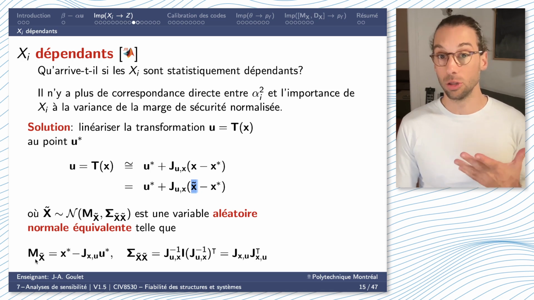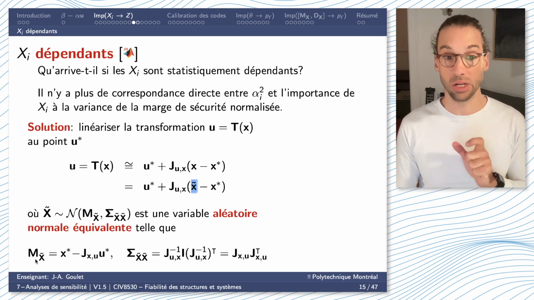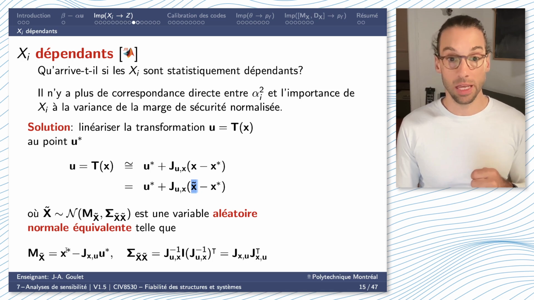So assuming that we have that linearized transformation, the mean of that equivalent normal original space is going to be x star minus the Jacobian of x with respect to u times u star. And the covariance matrix in my equivalent normal space is going to be simply the Jacobian inverse times my identity matrix times the transpose of that inverse Jacobian.